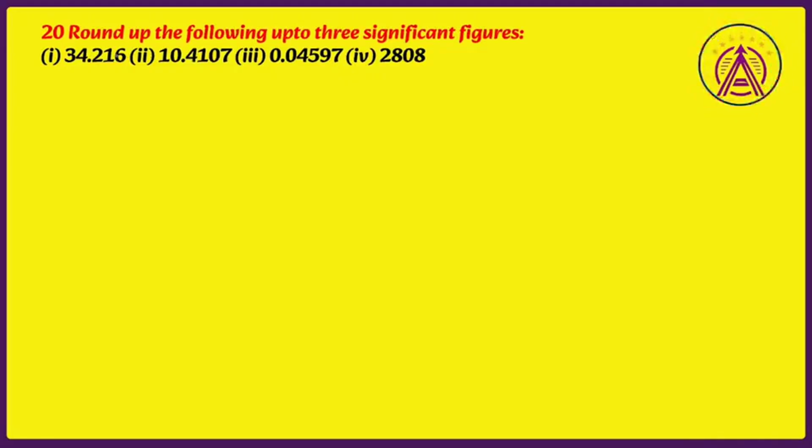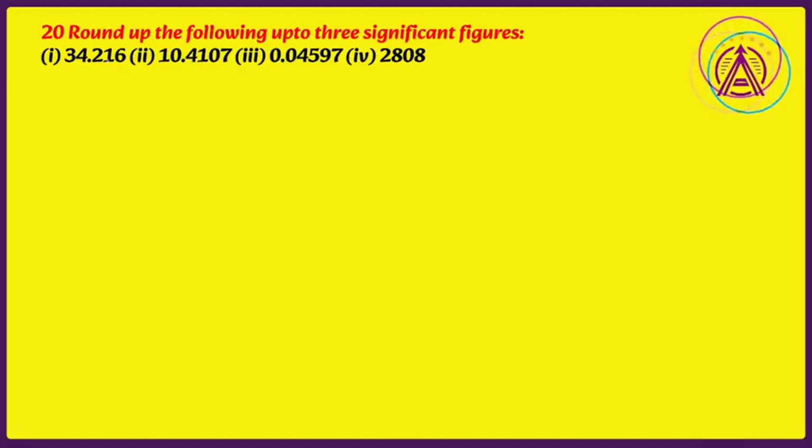Up to three significant figures means it's 3, 4, and 2. So after 2, you have a digit which is lesser than 5. So when it's lesser than 5, you leave this 2 as it is. But if it is greater than 5, if this was 6, then you round off your 2 to the next digit, which is 3. And if it is exactly 5, then remember, you leave the digit as it is if it's an even digit, and if it's an odd digit, you convert it to the closest even digit.